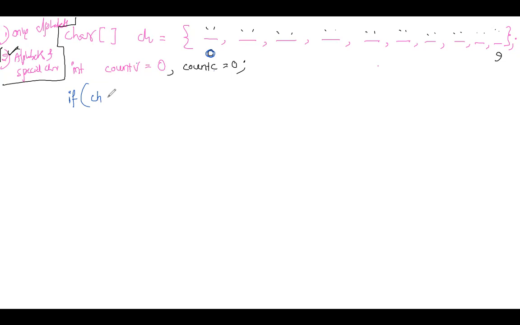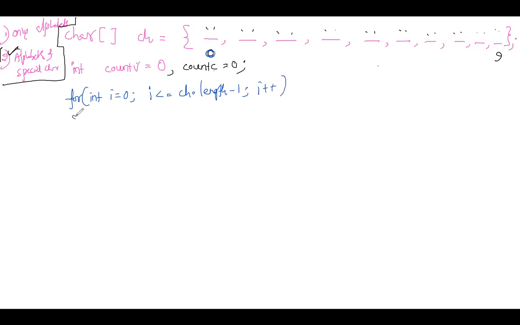So where is i here? Should this be inside a for loop or outside? Inside a for loop. So first I am taking a for loop: for int i equals 0, i less than or equals to ch.length minus 1, then i plus plus.